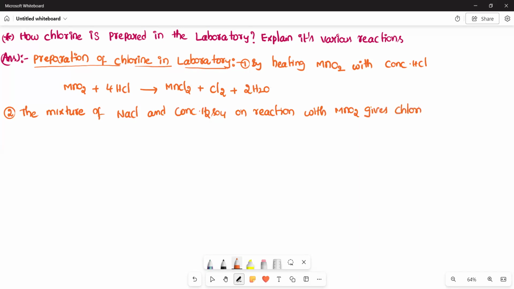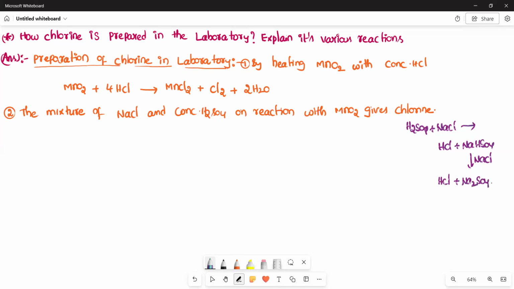So the point here is that the reaction between NaCl and concentrated H2SO4 also gives HCl. For example, H2SO4 on reaction with NaCl gives HCl plus NaHSO4. Again, this NaHSO4 on reaction with another mole of NaCl gives once again HCl plus Na2SO4.